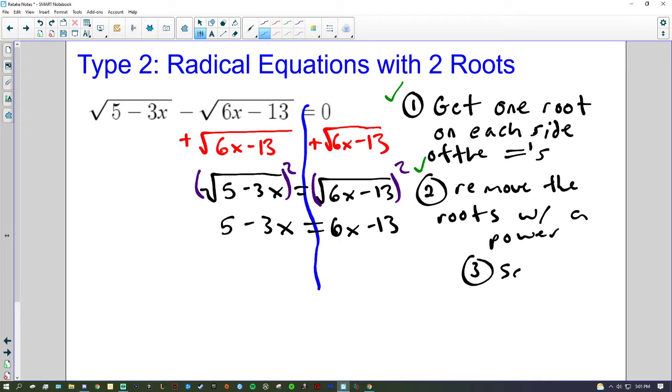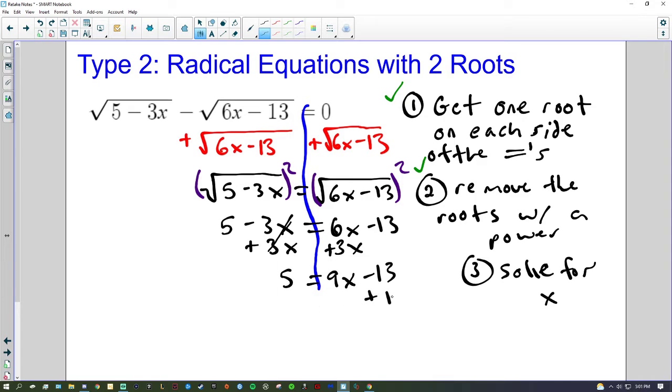Last step is to solve for x. Okay, let's go ahead and move our 3x over. There's a lot of ways we can solve this. I'm going to add 3x to both sides. I have 5 equals 9x minus 13.